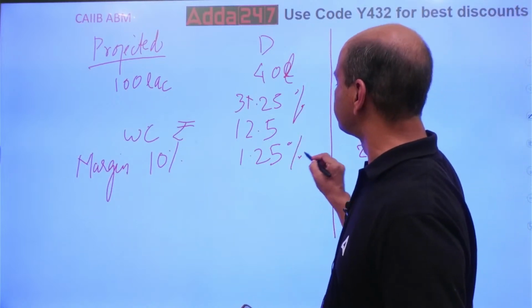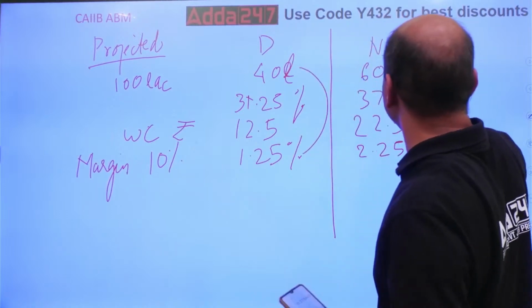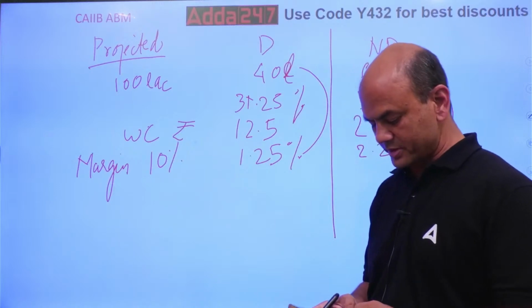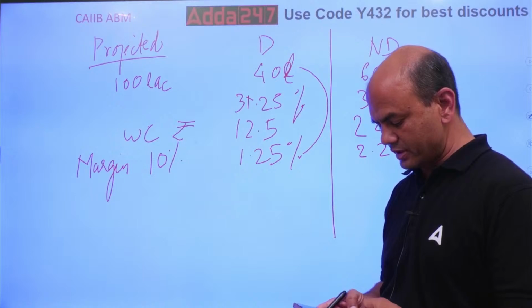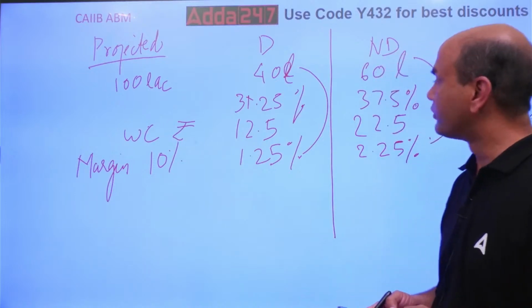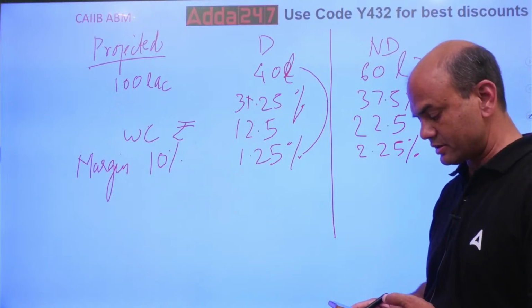1.25% of 40 lakhs and here of 60 lakhs. So multiply this. 1.25% margin is 1.25 upon 100 into 40 lakhs.